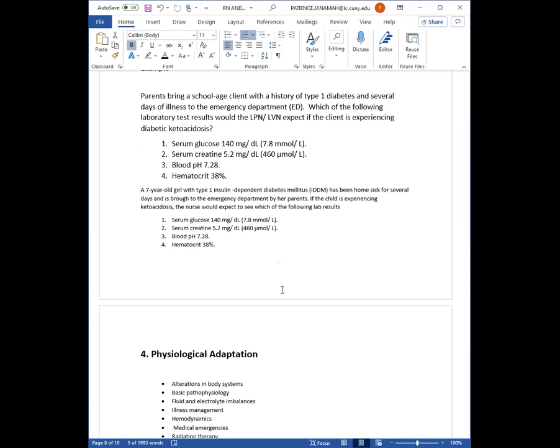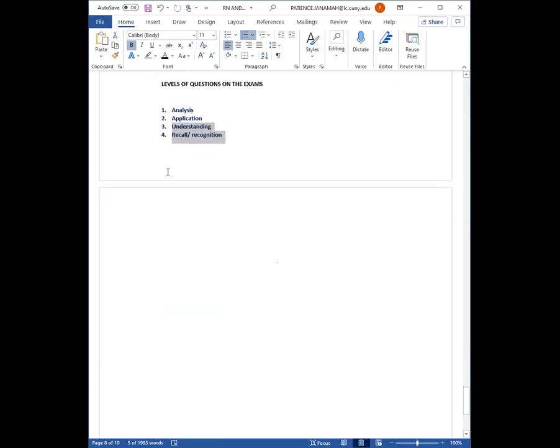Your mind should tell you that this is not right and something needs to be done right now. Analyzing and application are difficult level questions. Delegation and prioritizing tasks are also difficult level, to think about which one to do. And those are what will make you pass the exam.